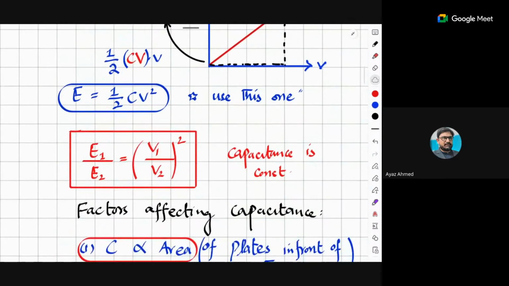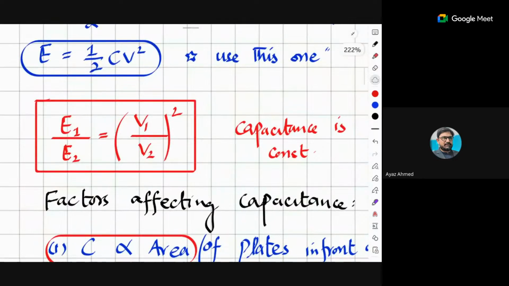Now, if I simplify this concept, the energy stored in the capacitor is directly proportional to the square of the potential difference across the capacitor. But the condition is that the capacitance is the same, that is, for the same capacitor.